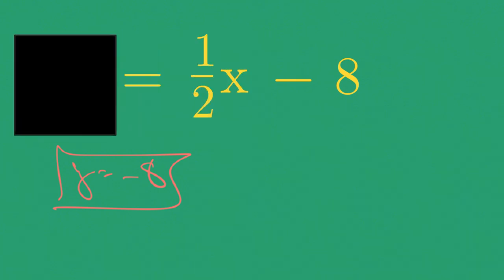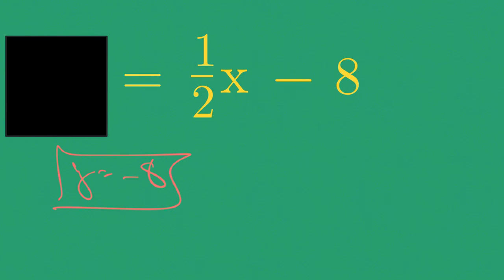Now, let's take our box and move it over. Here's what we're going to have: 0 equals 1/2 x minus 8. Now, a little tougher right here. What do you think we're probably going to move first?